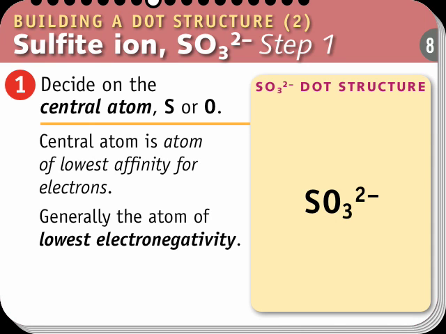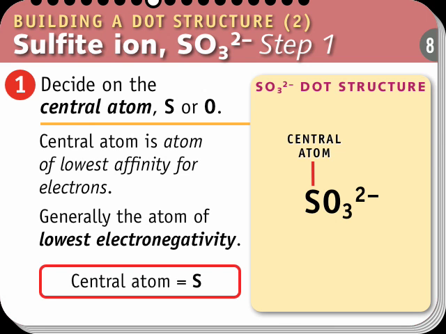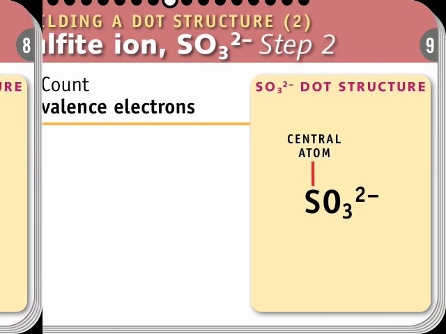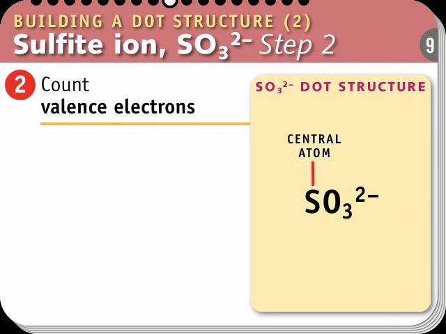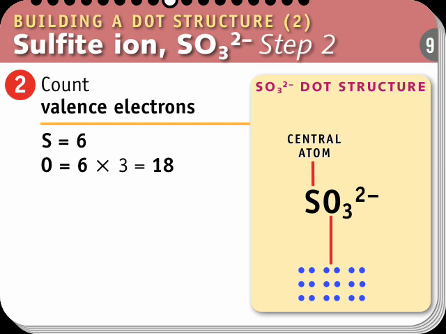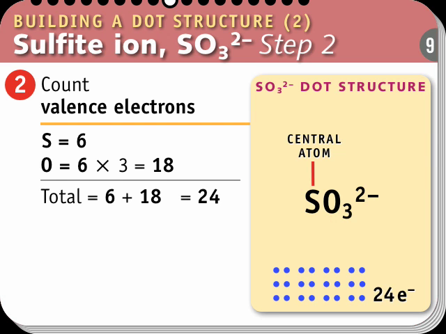Now let's do a polyatomic ion. First, because sulfur has a lower electronegativity than oxygen, sulfur is the center atom. Now count valence electrons. Sulfur, in group 6A, brings in 6 electrons. Oxygen is also in group 6A, so 3 oxygens contribute 18 valence electrons.